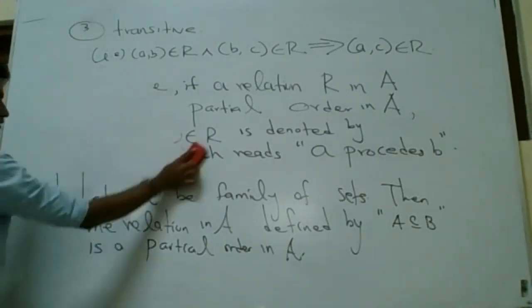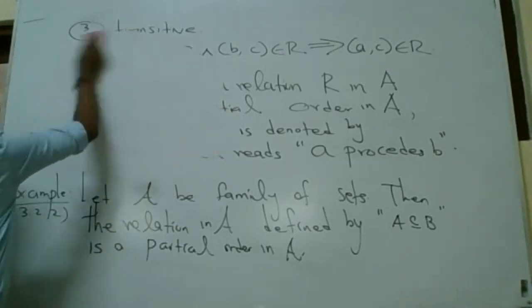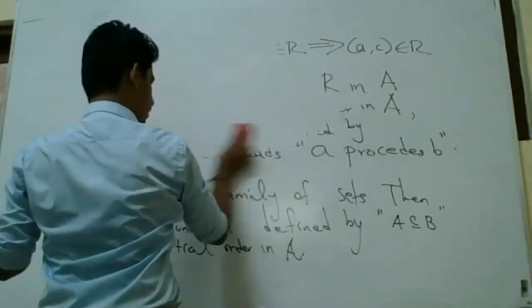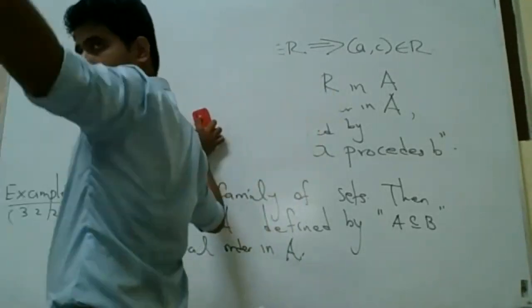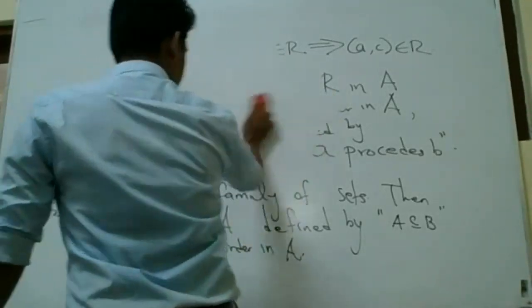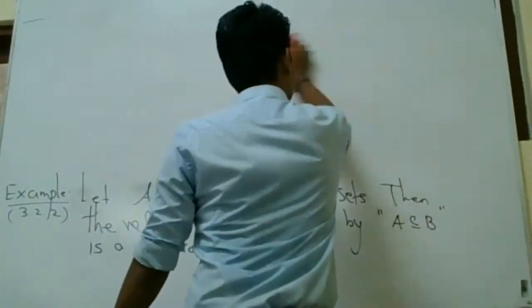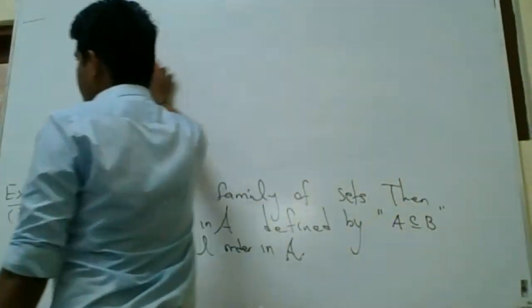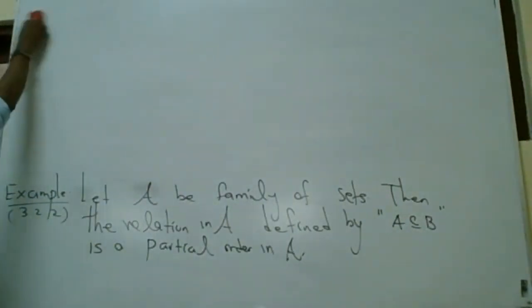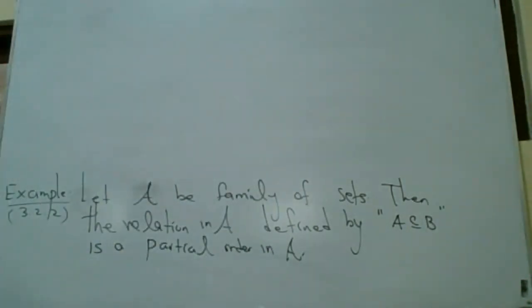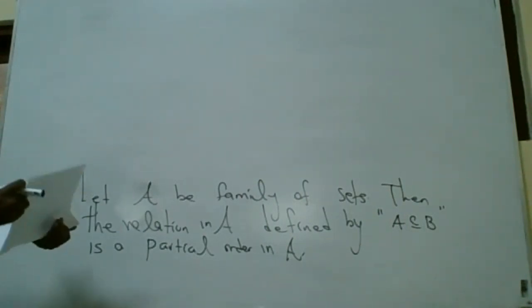Now I will explain this example for you. To understand that, what you want to show is whether it is reflexive, antisymmetric, and transitive.